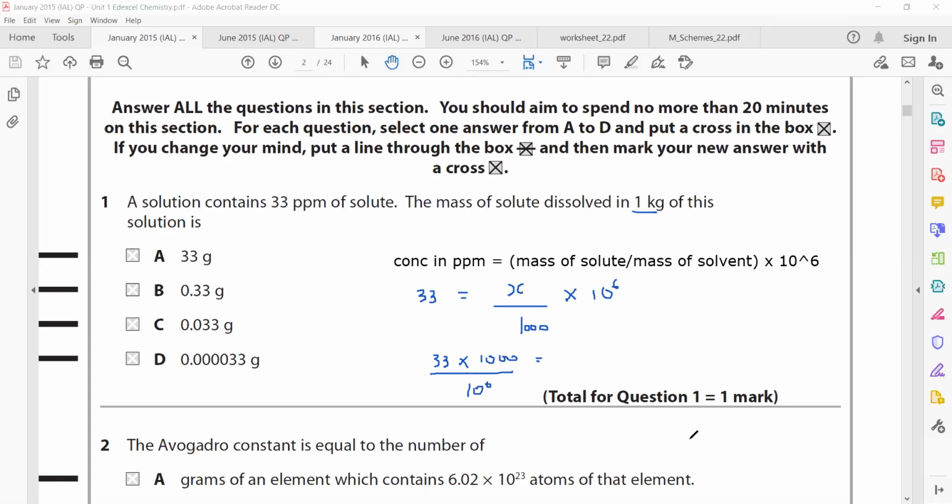What's the final answer? So 33 multiplied by 1000 divided by 1 million. When you substitute, C will be the right answer.